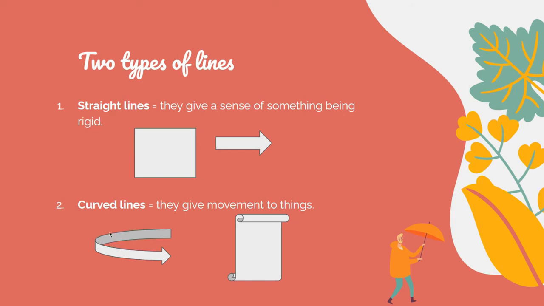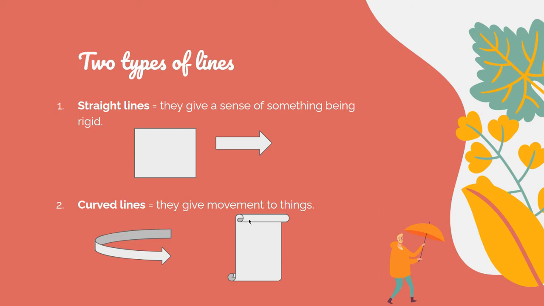Here you have a scroll, and the scroll has a curved line right here. It also gives a sense that it's moving, like the scroll can be moved on the top side.